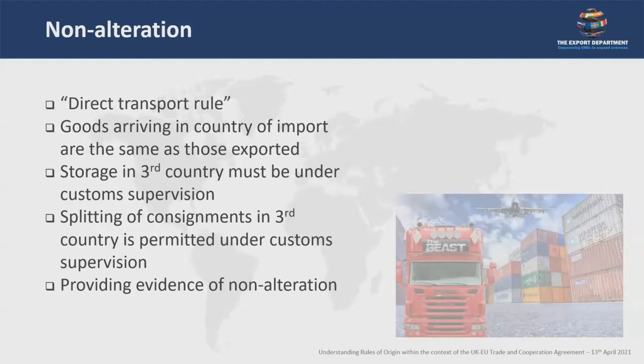So when they're in customs storage, if they're being held in a warehouse or something like that, then it's permitted to split consignments because you're under that customs supervision. But they must stay under that customs supervision for the conditions of the direct transport rule to be fulfilled when they're going through that third country.